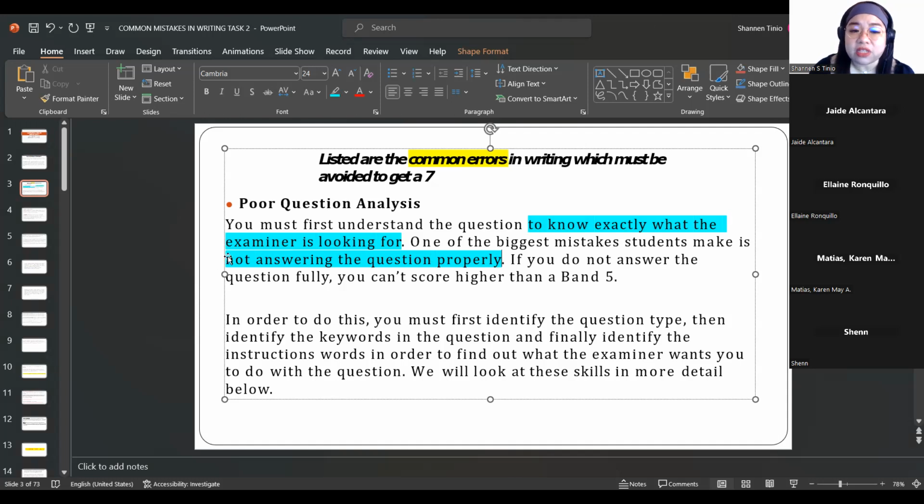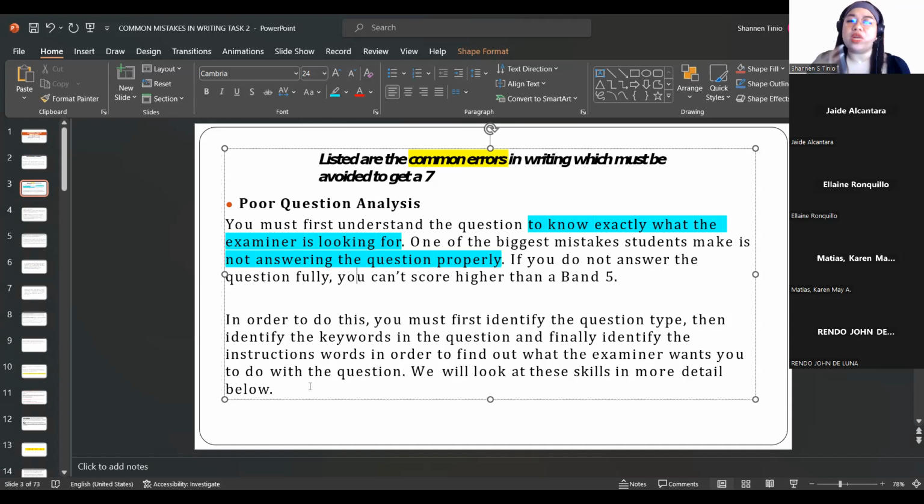Huwag natin i-underestimate ang power of understanding a question. Because if you did not understand the question, you will most likely not deliver the appropriate answer. And that means you are doomed. If you do not answer the question fully, you can't score higher than a band 5. That's sad.